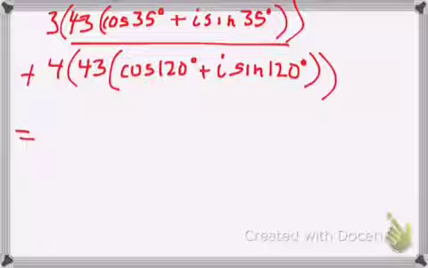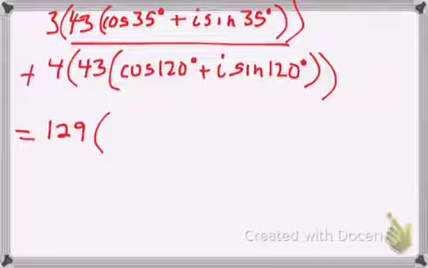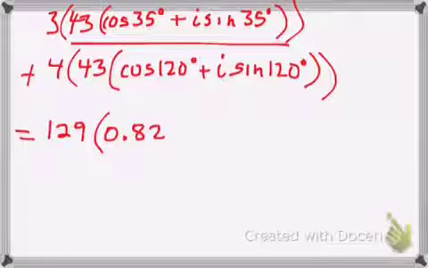What would the standard form of that one be? 3 times 43 is 129 times, what's the cosine of 35 degrees? 0.819. Let's go 3 decimal places because we want to be as accurate as possible.